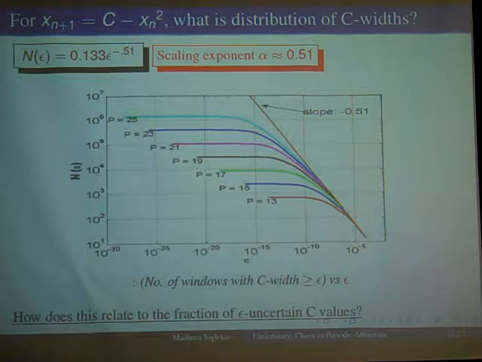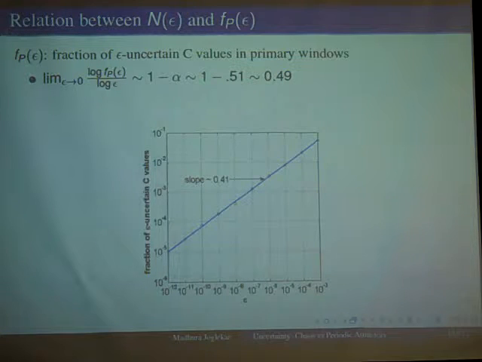The original question that we were interested in addressing was the question of the fraction of epsilon uncertain values. So how does the scaling exponent relate to the fraction of epsilon uncertain values? As I already mentioned, the size of the window governs what fraction of the window is epsilon uncertain.